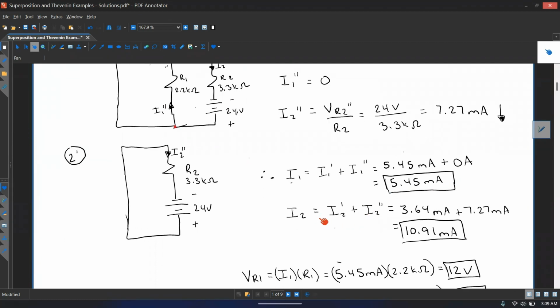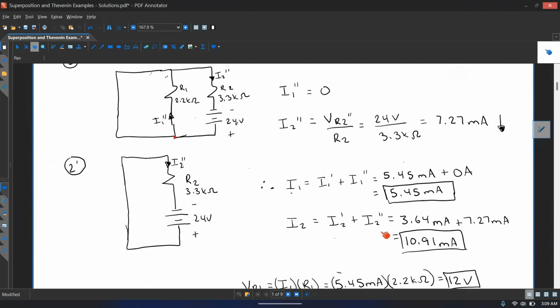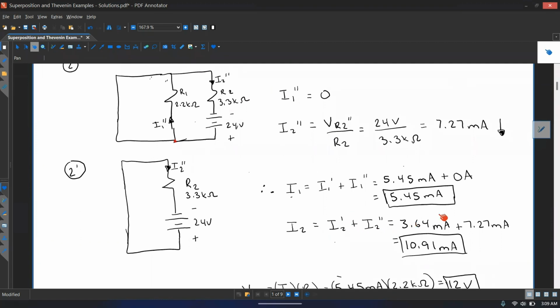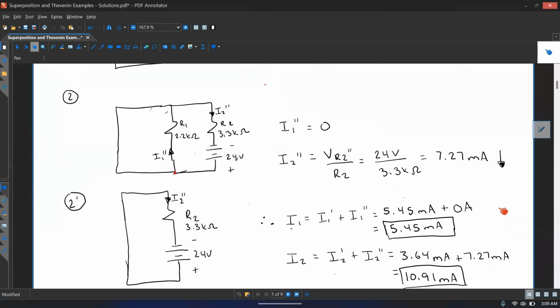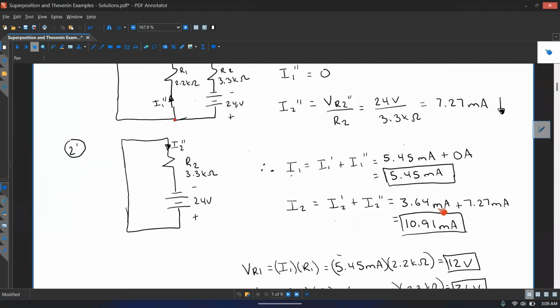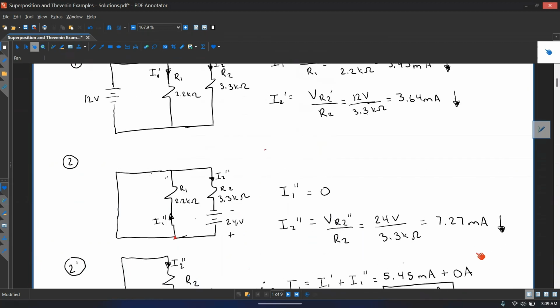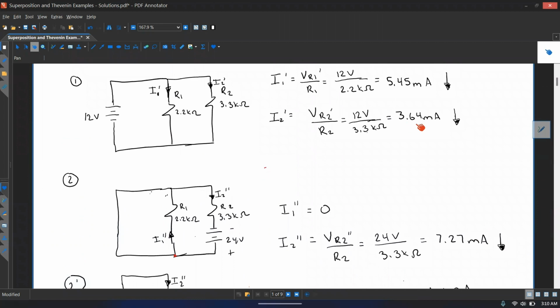I2 equals I2 prime plus I2 double prime. And this is where it's important to make sure that you have the current flow indicators in the right directions. So when we go back up, I2 prime is right here, 3.64 milliamps, which is flowing down.